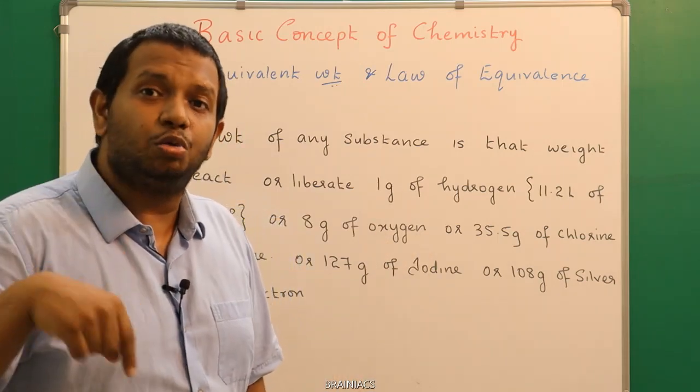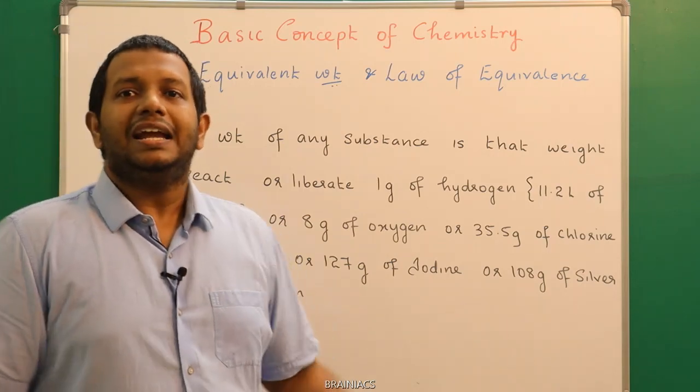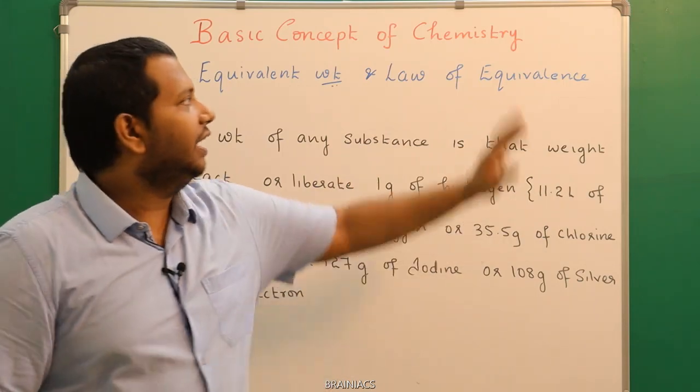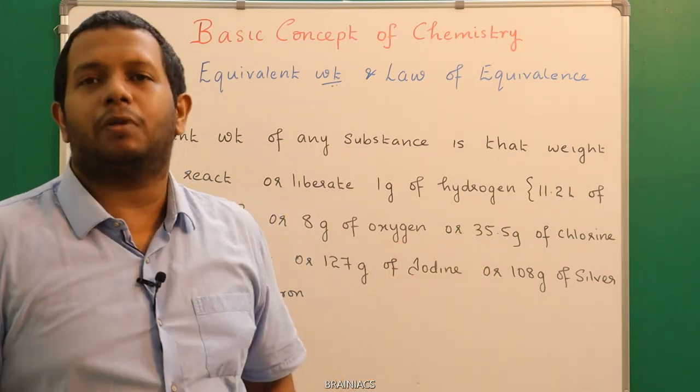There I am making use of the concept of number of moles. Here is where the concept is changing. In the law of equivalence, we are not at all using the concept of number of moles.